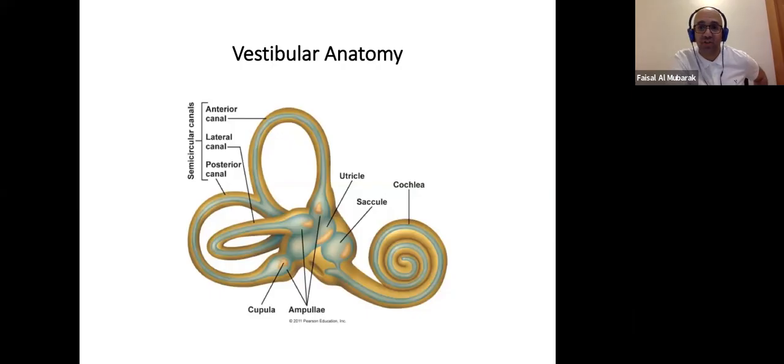That's linear motion. You're not actually doing any angular motion here. You are just walking forward, walking backward, walking side to side, or going up and down. That's what we call linear motion, and the otolith organs are responsible for that.